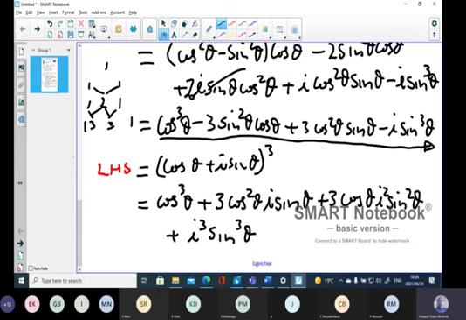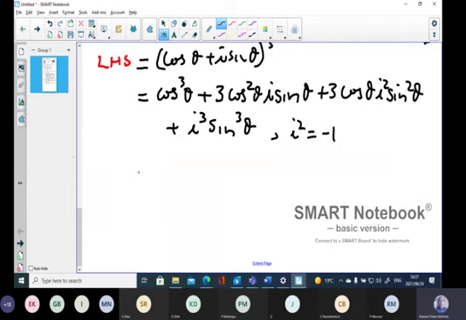Okay, so now what remains is to use the concept that i squared is equal to minus 1. So let's use that. Immediately after that, we'll get the same solution.